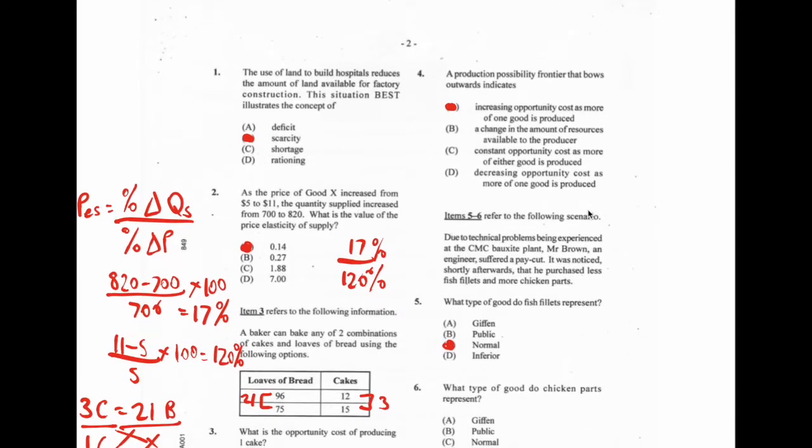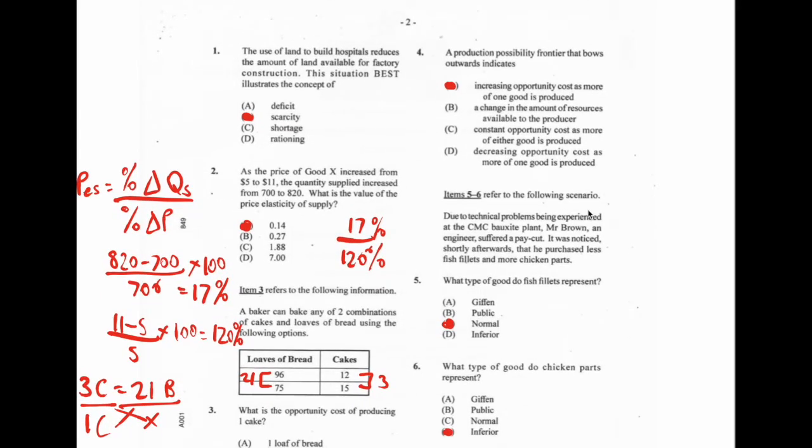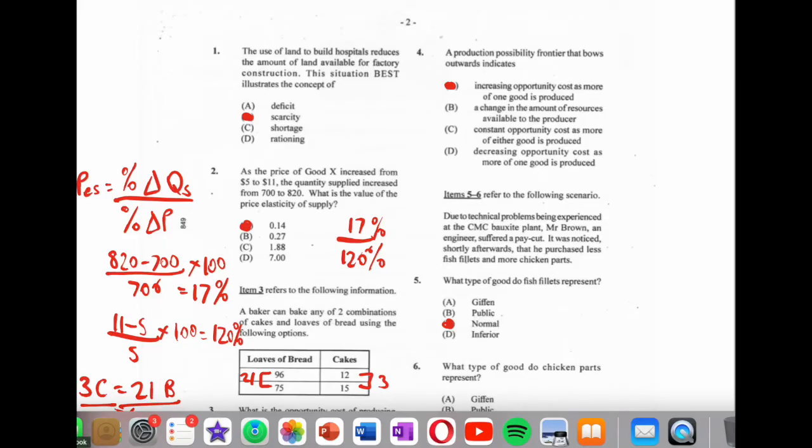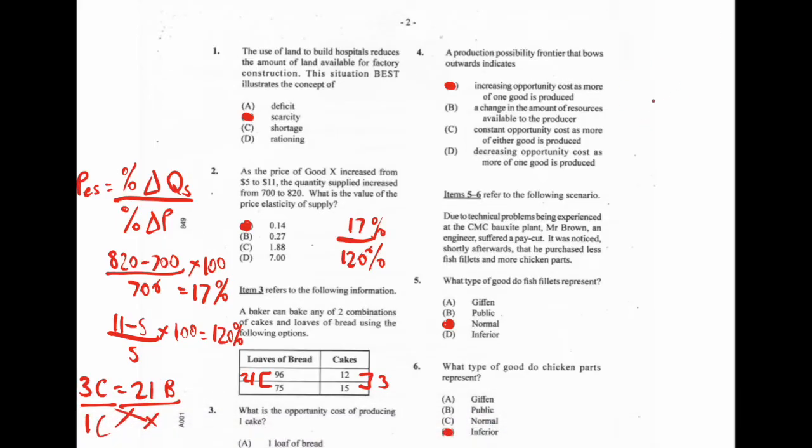Moving on, a production possibility frontier that bows outwards indicates A, increasing opportunity costs as more of one good is produced. So this is essentially referring to the concave PPF, which indicates increasing opportunity costs.